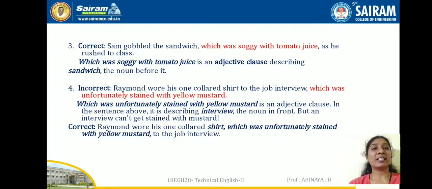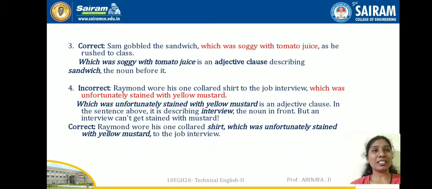But see the next sentence. Raymond wore his yellow-collared shirt to the job interview which was unfortunately stained with yellow mustard. Was the job interview stained with yellow mustard, or the shirt? Actually the shirt is stained, not the job interview. So it has to be placed elsewhere. It is misplaced now.